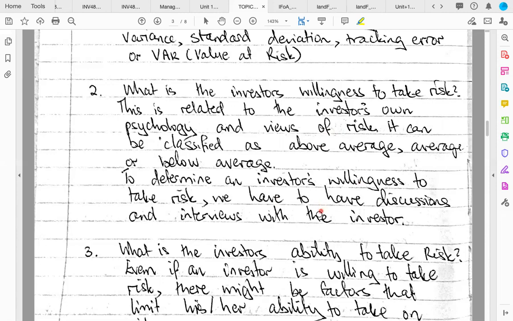For example, you might sit down with a client and the client might say, I'm very cautious and I don't like taking risks with my money. So we would then see that the investor has below average willingness to take risk. They tell you. Or an investor might say, no, I've always been someone who likes to invest in new asset classes like Bitcoin and so forth.